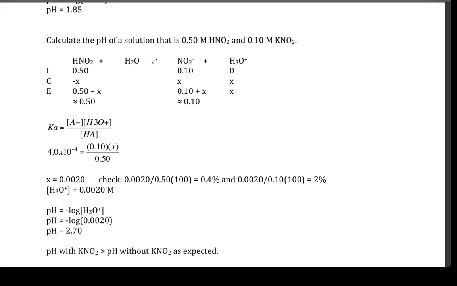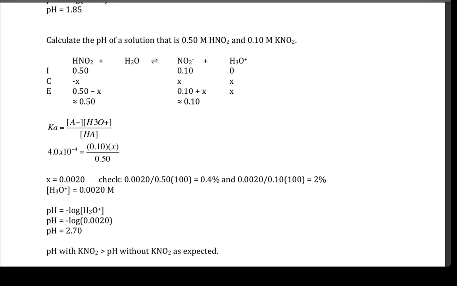So we have 0.10 as the initial amount of the NO2 minus. Otherwise, the table looks more or less as it did before. We make the approximation. We can drop x with respect to the 0.50 and the 0.10.